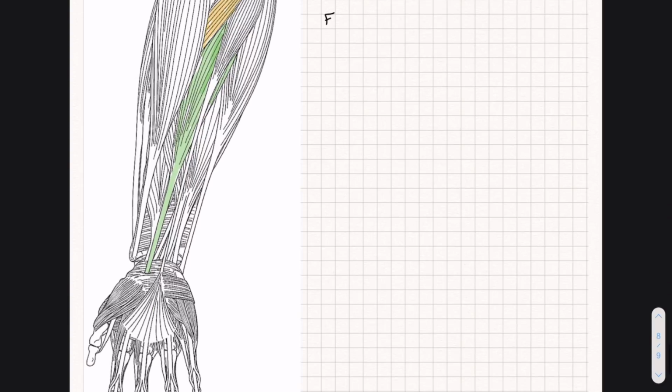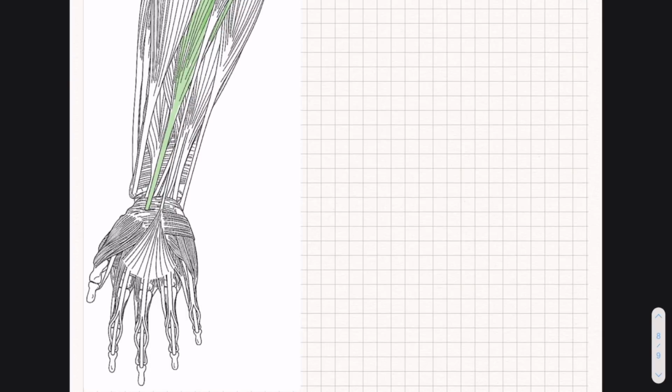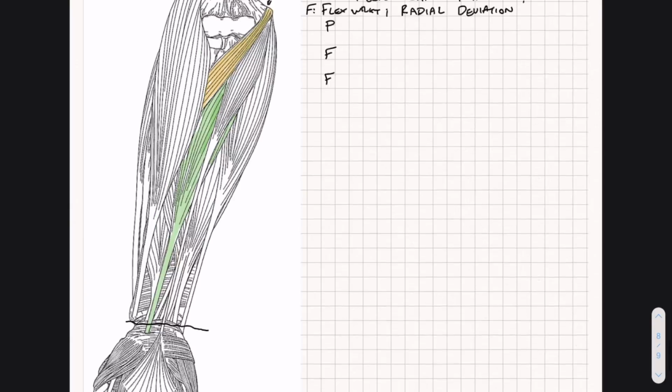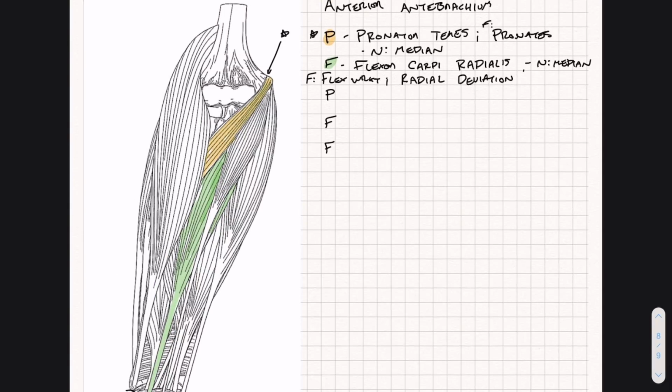So if we were looking at this image here, radial deviation would mean like you don't move anything but the wrist, and the hand goes over like that. So it's kind of like a side-to-side movement of your hands. Hopefully that makes sense. I'll try and insert images of all these movements at the end, but radial deviation is another action of that flexor carpi radialis.